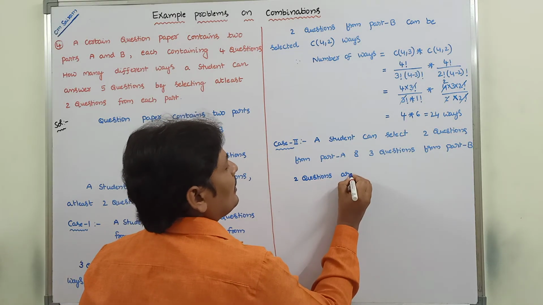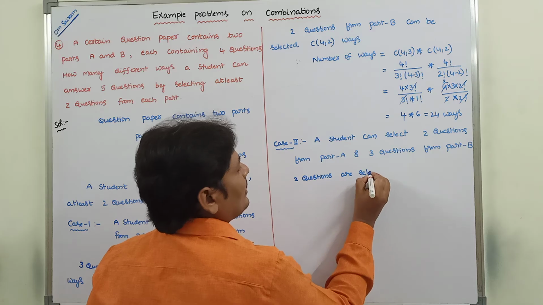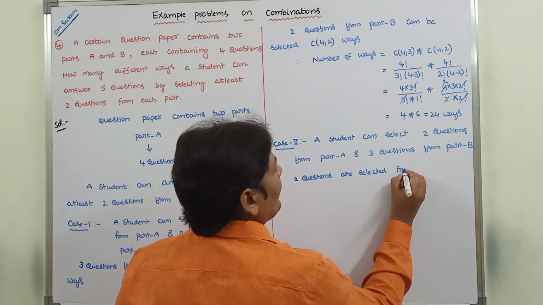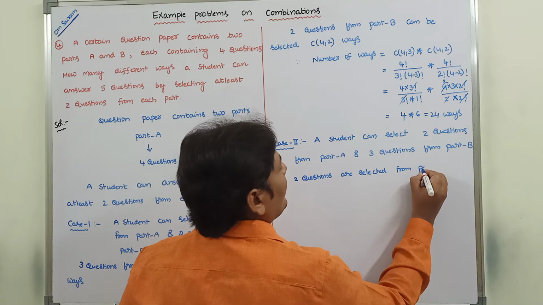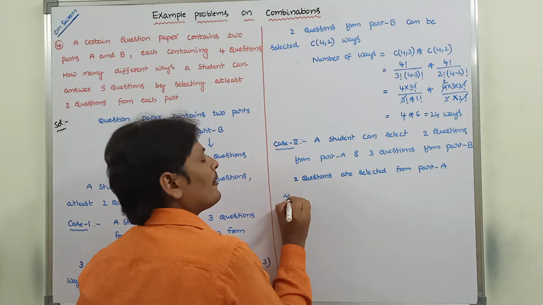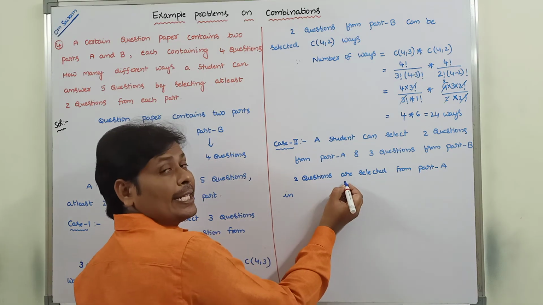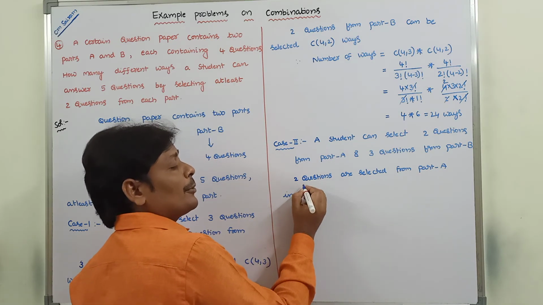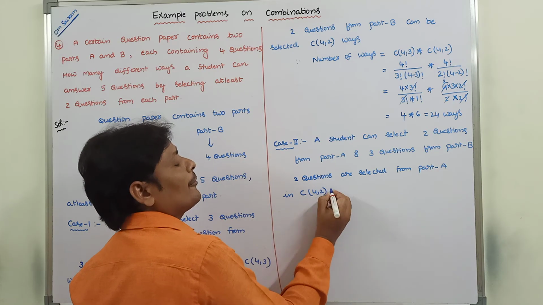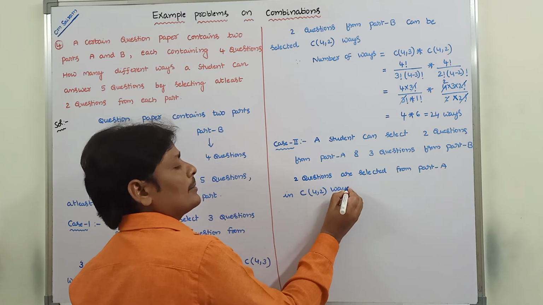Now 2 questions are selected from part A in how many ways? Part A contains 4 questions. From the 4 questions I am taking 2 questions, so C of 4, 2 ways.